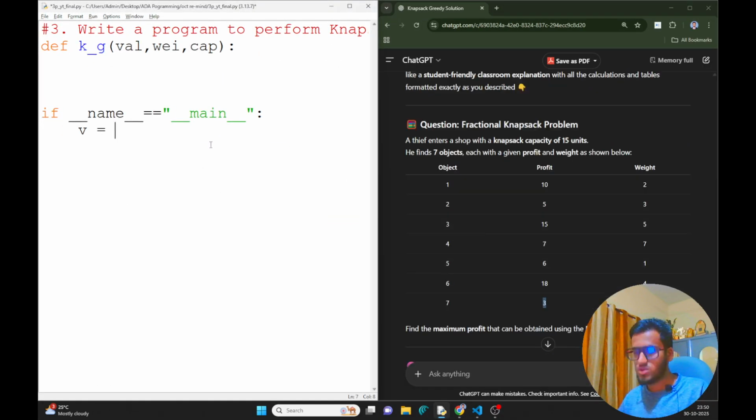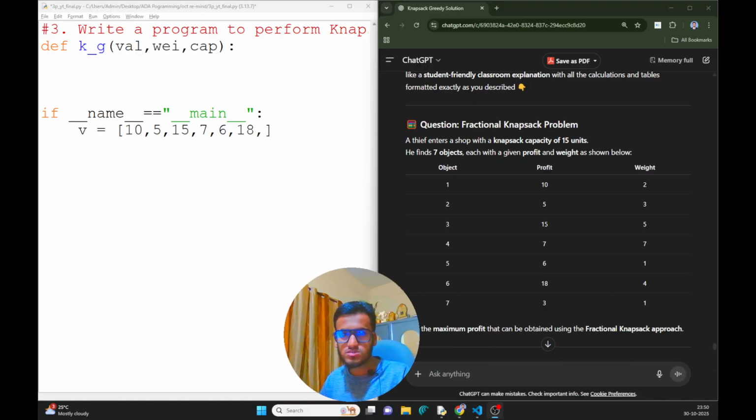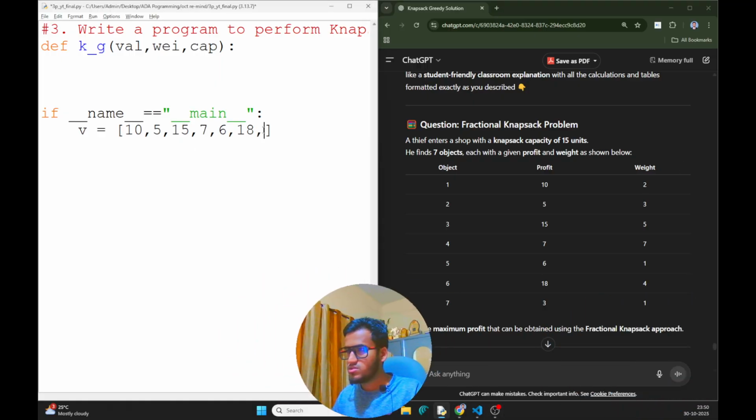Let me just note down. So the values are 10. Repeat. See then just confirm. 5, 15, 7, 6, 18, and it is 3, right? Yes, it is 3.